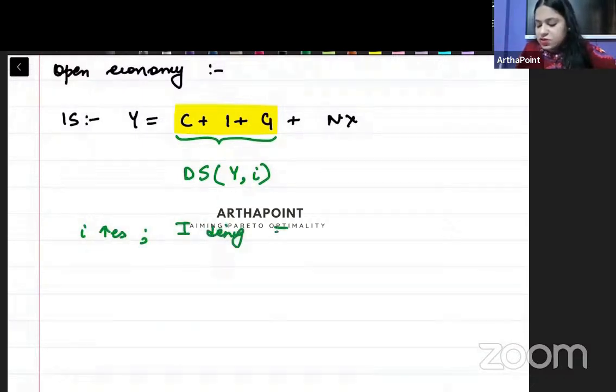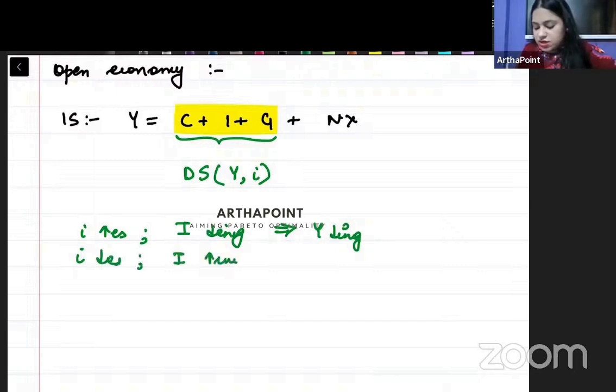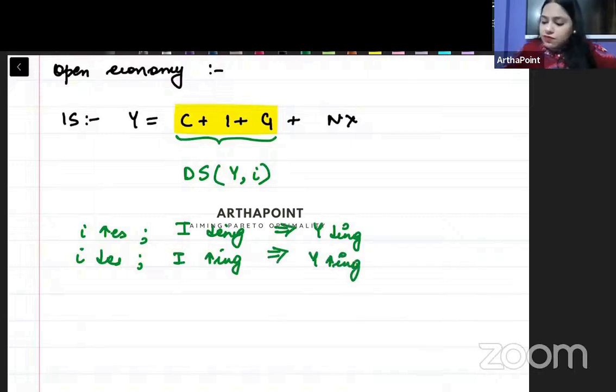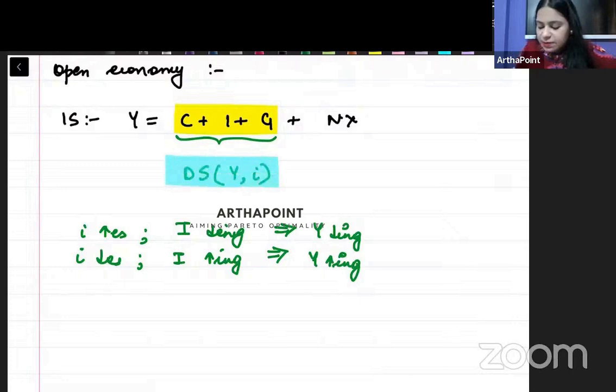When investment was decreasing, income was decreasing. जब interest rate कम होता था तो investment बढ़ जा रही थी. When investment was increasing, income was increasing. Right, beta? So this domestic spending part is a function of income and interest rate.